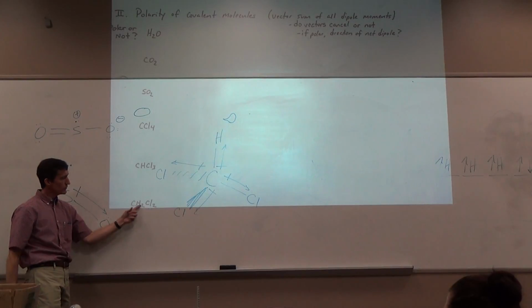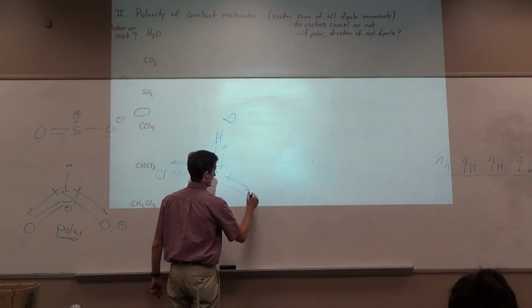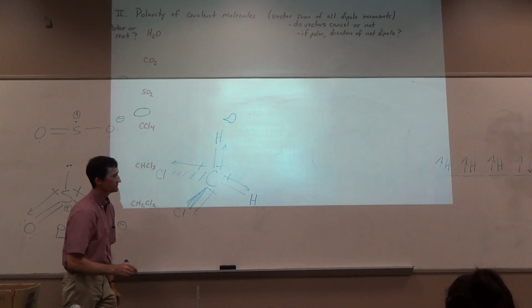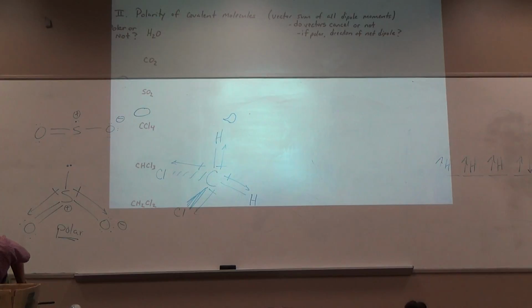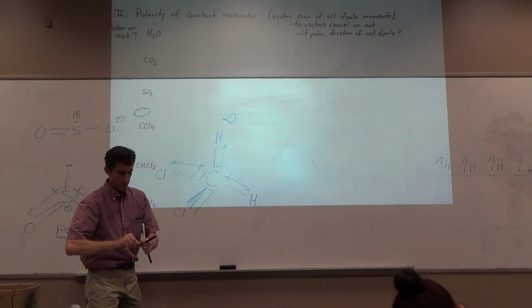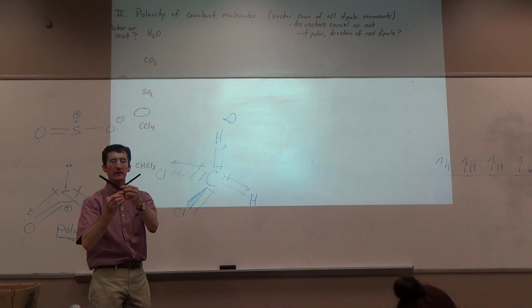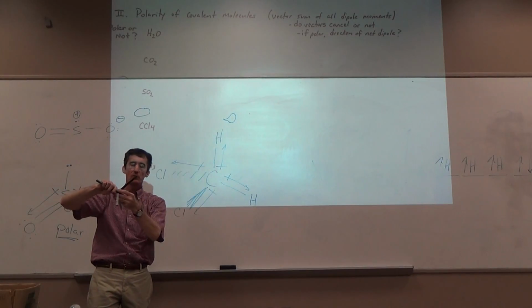This is called dichloromethane. But if we make two, so we can call the black still chlorine, dipole, dipole.